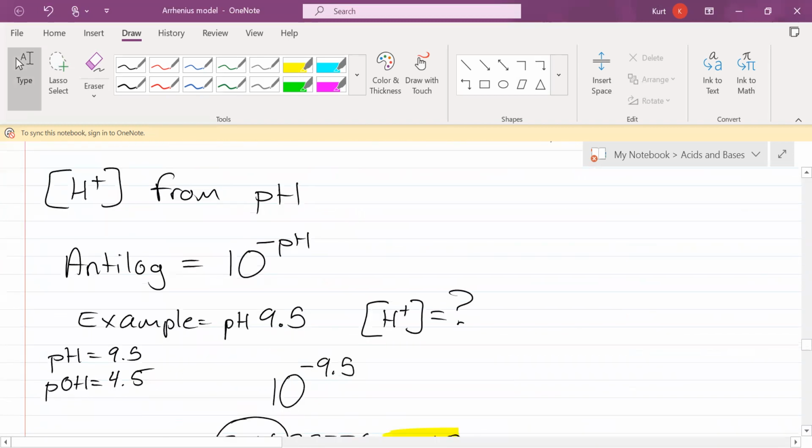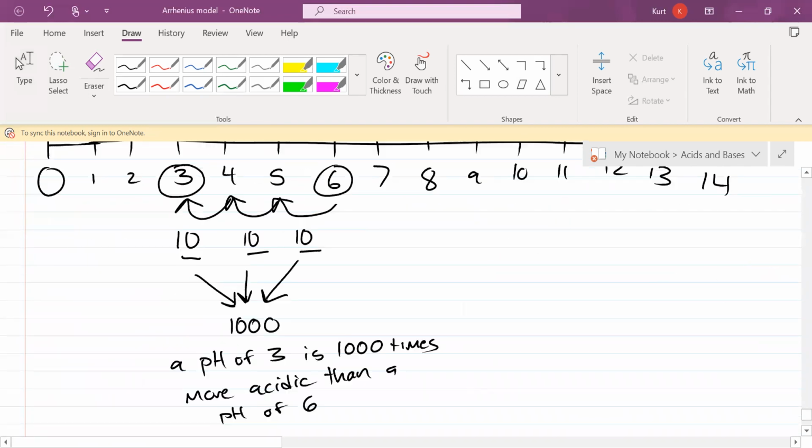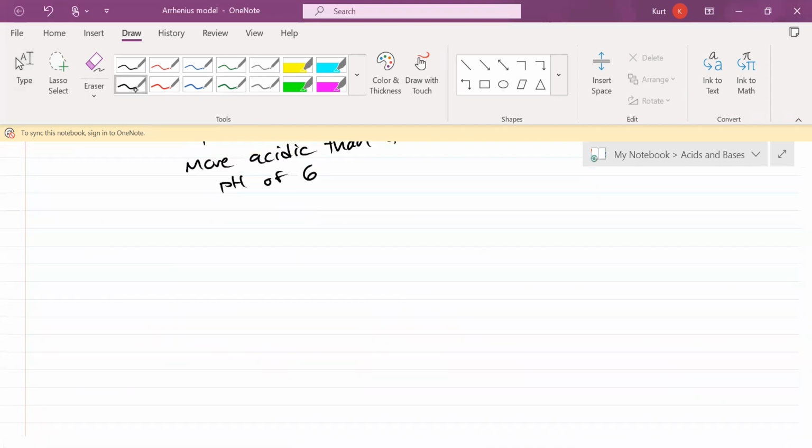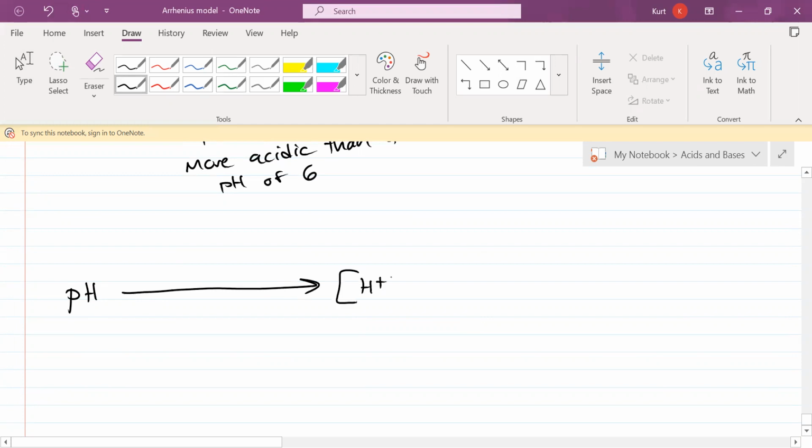Okay, if we were to look at your homework from yesterday, are there any rows that really stand out to you where it was tough? Did you guys understand it based on the practice ones that we did? Well, to prove to me that you do, let's see if you can recall. If I want to go from pH to hydrogen ion concentration, what type of equation would you have to do?